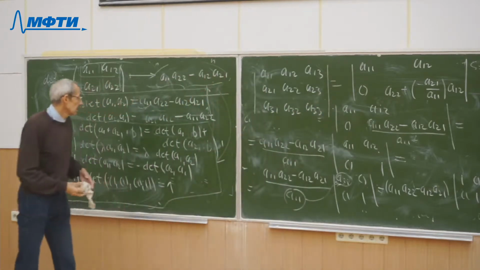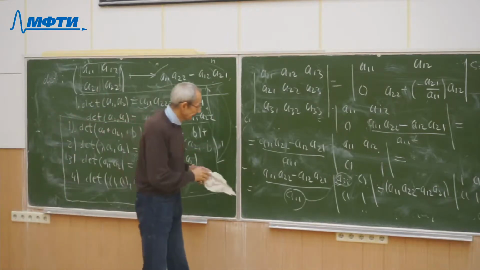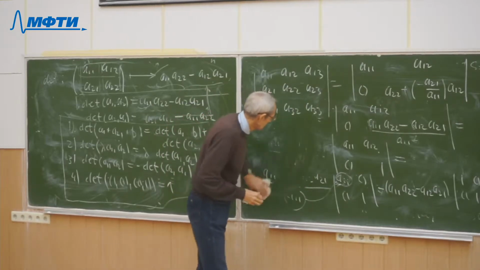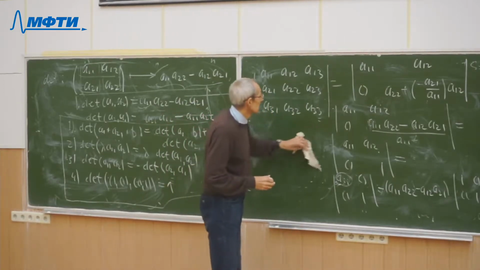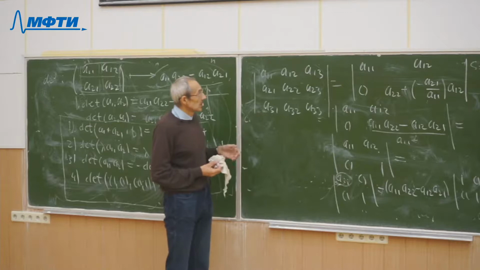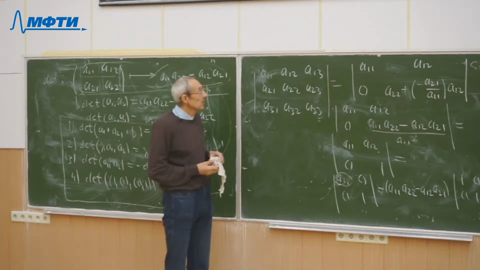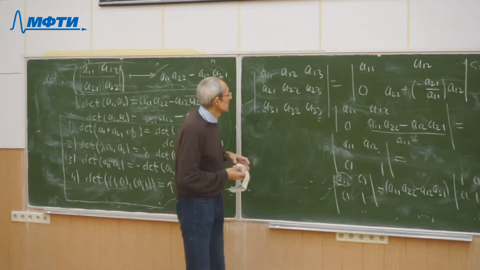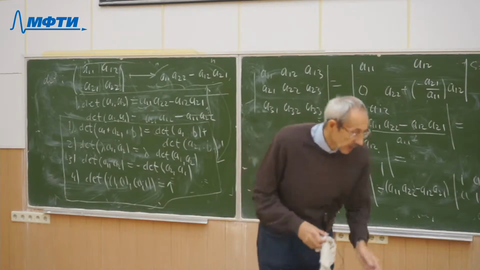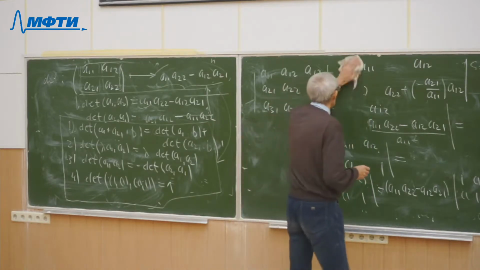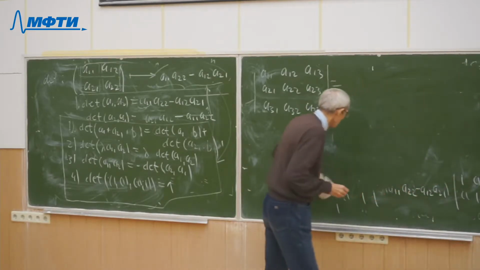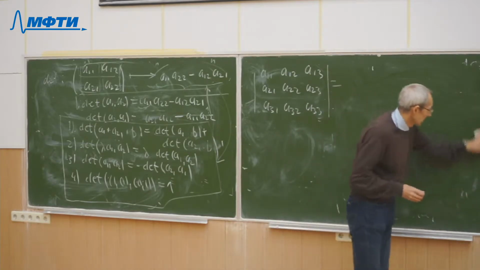In this case, we also repeat our previous reasoning and obtain the exact formula for the determinant, which expresses the determinant of such a matrix in terms of the entries of this matrix. And we obtain the following exact formula, which has a rather complex form.